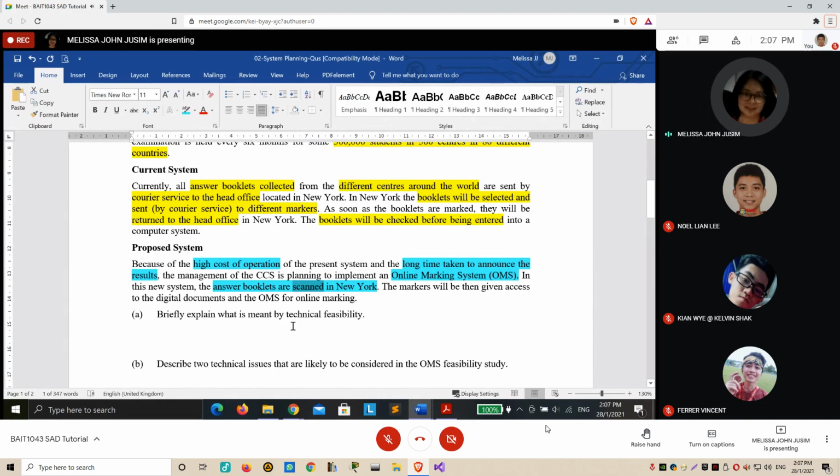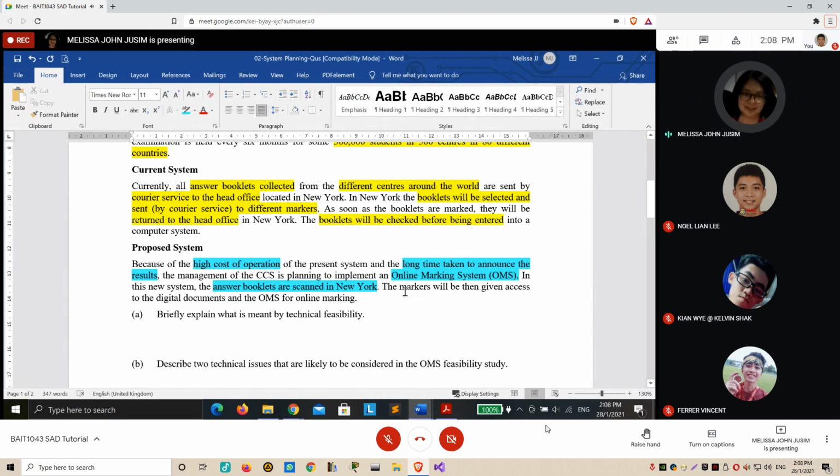There are various types of scanners, right? I believe they need commercial scanners that can scan a large number of booklets in one go. I can see something is needed here in terms of technical and also economical feasibility, right?